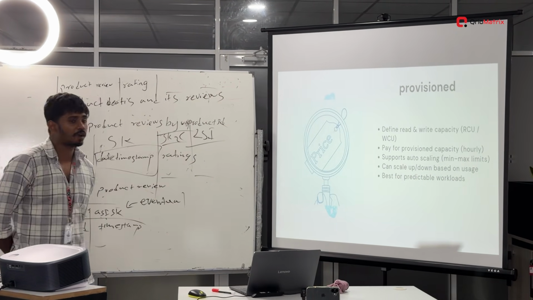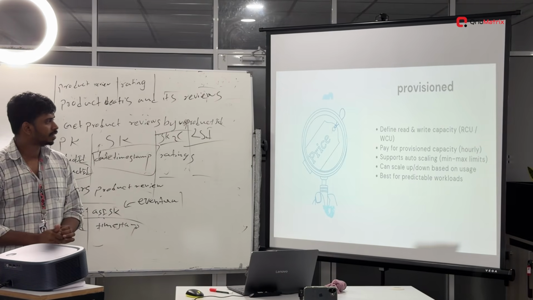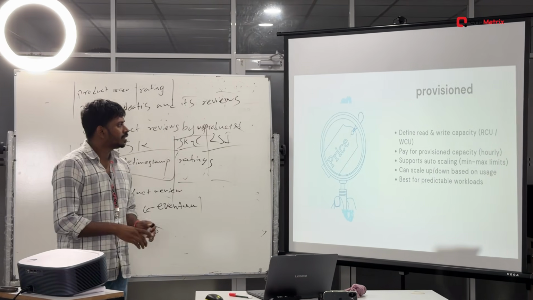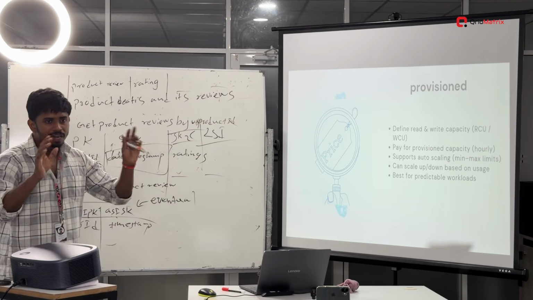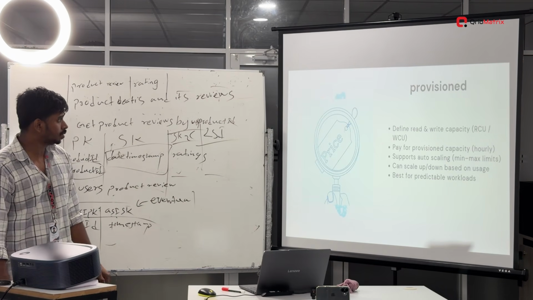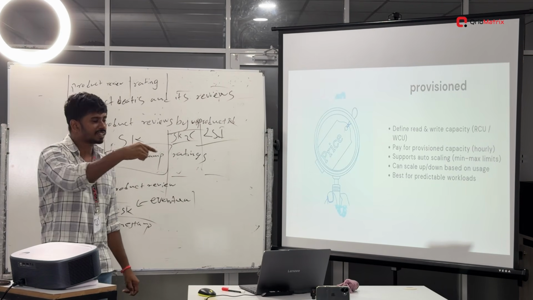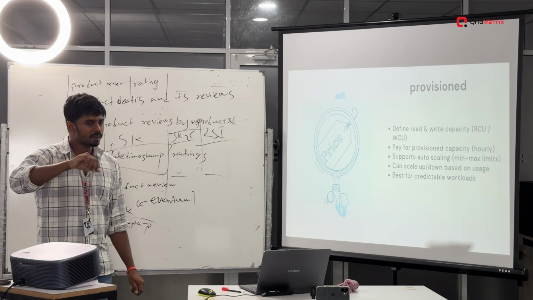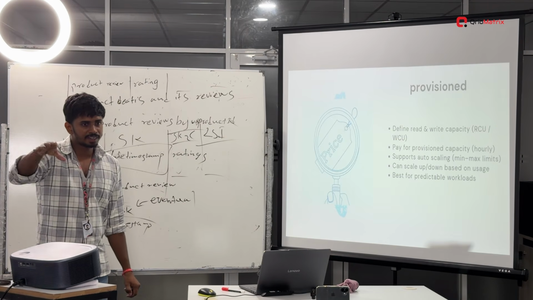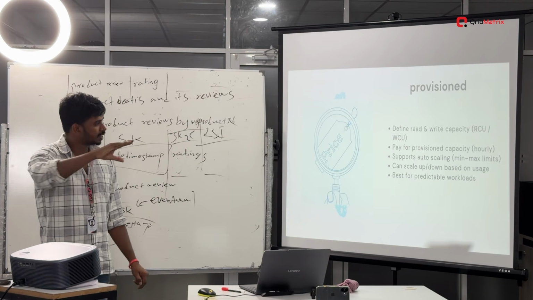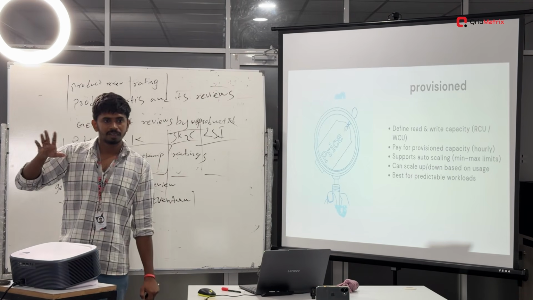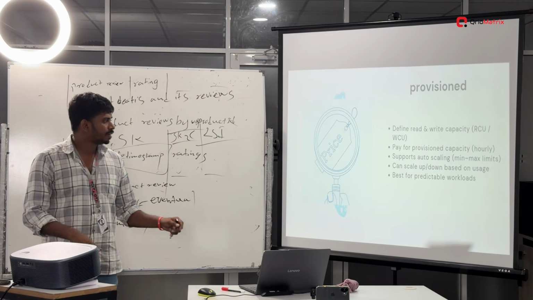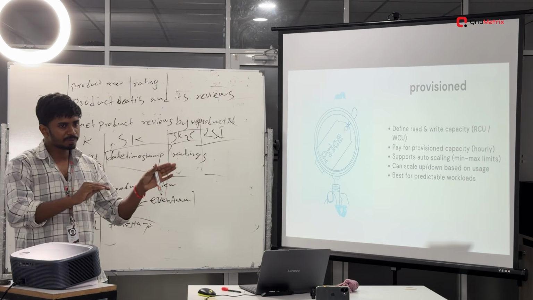So the next thing is provisioned mode. We can define the read and write capacity, how much this table has, and we pay for the provisioned capacity we have configured, not for the reads and writes. It also supports scaling, but there we can have minimum and maximum scales.